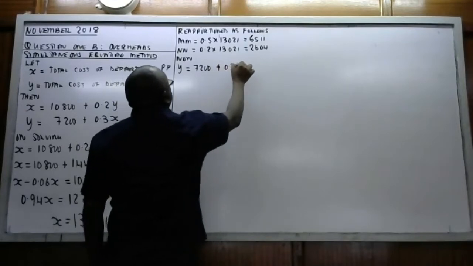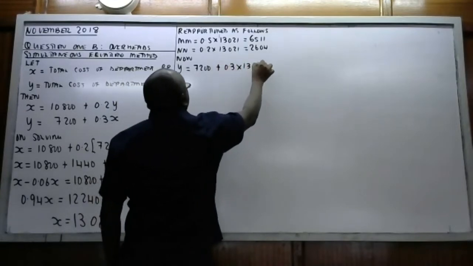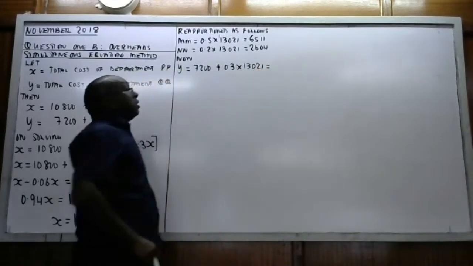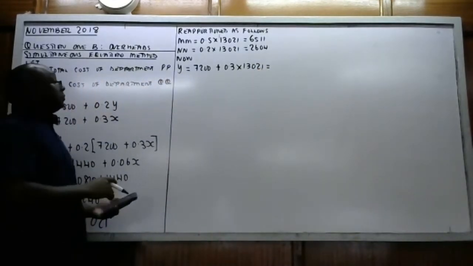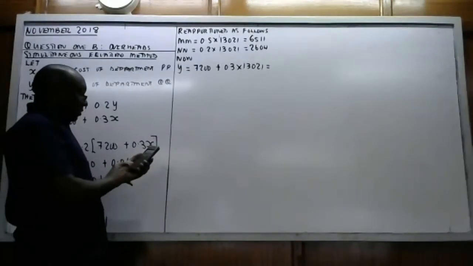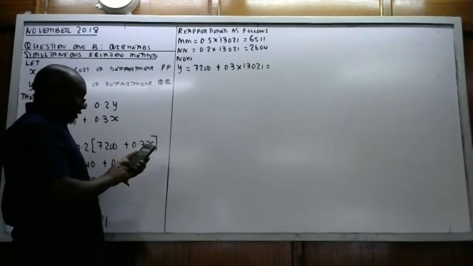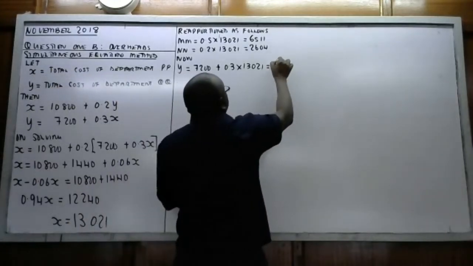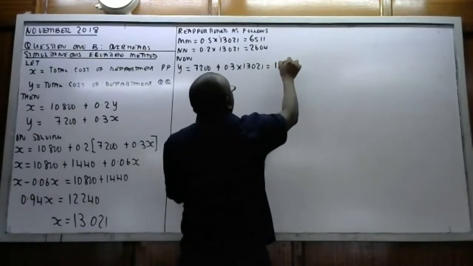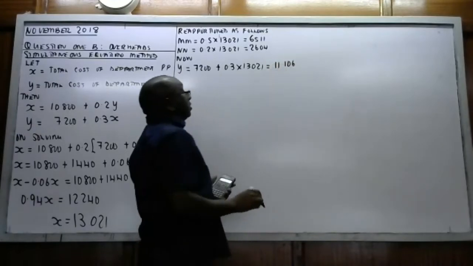And we know X is 13,021. So it will be 7,200 plus 0.3 times 13,021 is 11,106.